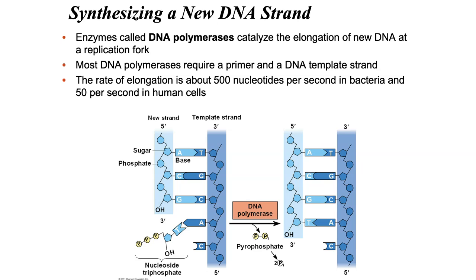So, DNA polymerases catalyze the elongation of new DNA at a replication fork. What do they need? DNA polymerases require that primer, that RNA primer, put on by the primase, and of course they require a DNA template strand.